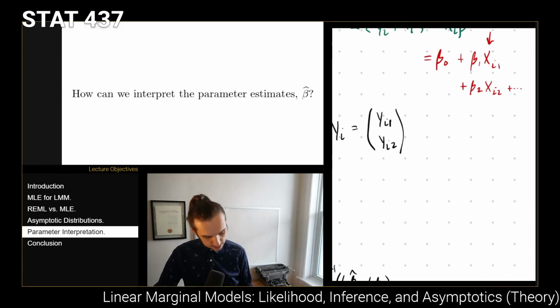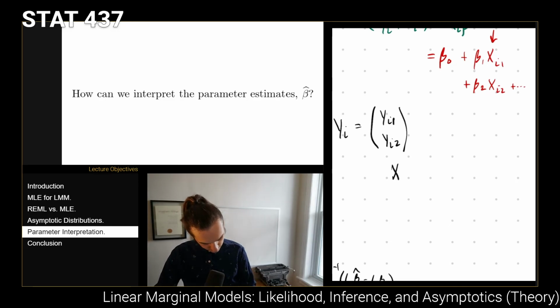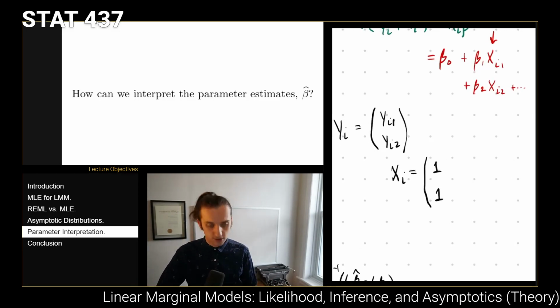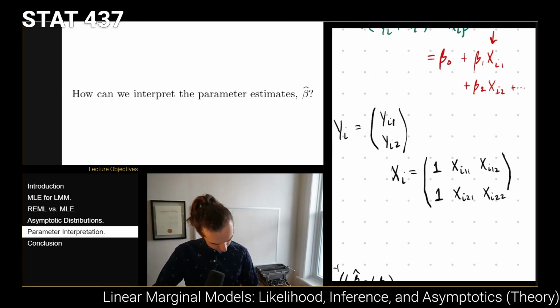And let's say that we take xi to be a fairly simple matrix where we have an intercept term. So the first column is going to be all ones. And then let's say we just have one or two factors that we care about. So we can say that this is going to be xi11, xi12, and then this is going to be xi21, xi22. Okay?